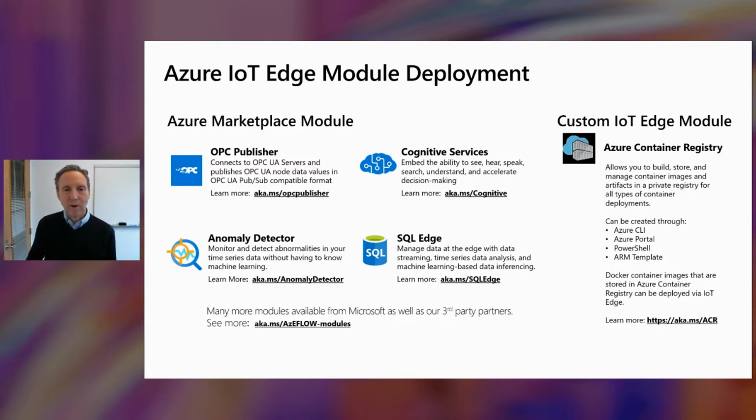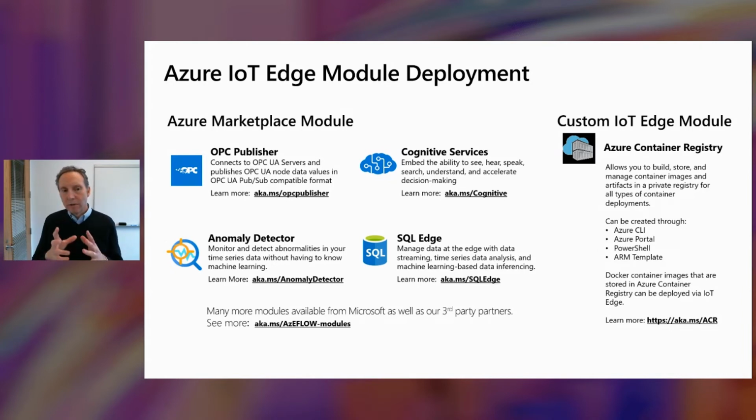Cognitive Services, some of our AI capabilities, Anomaly Detector, SQL Edge, etc. There's a bunch of modules that you can take advantage of from the Azure marketplace. But as a developer, you can also create your own modules, Linux code that you can then put in your container registry and have pulled down to the Windows device into that EFLOW VM.